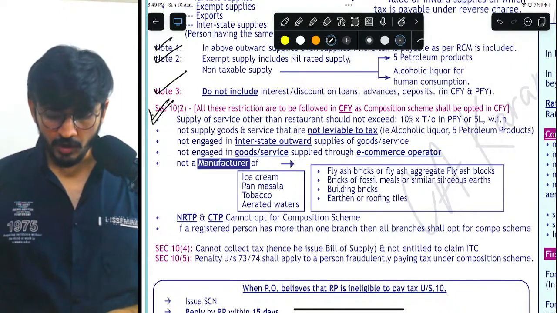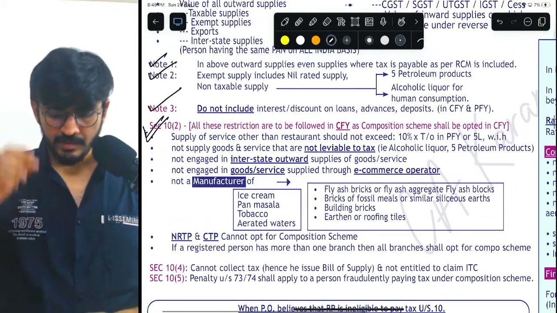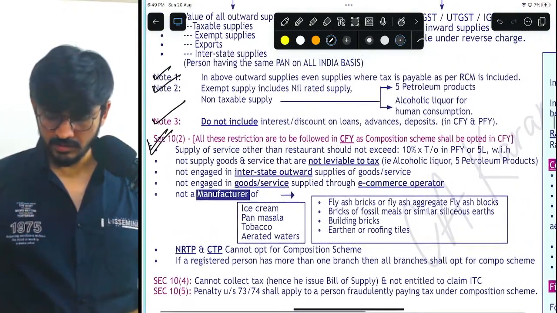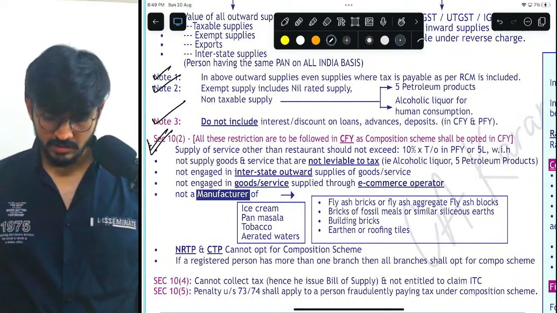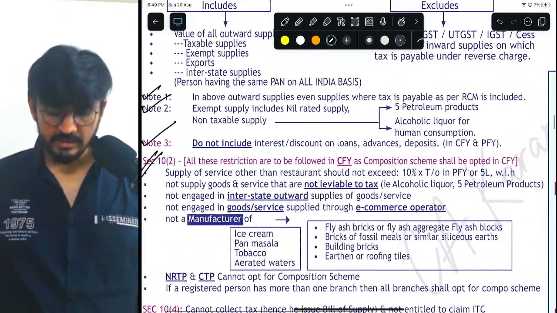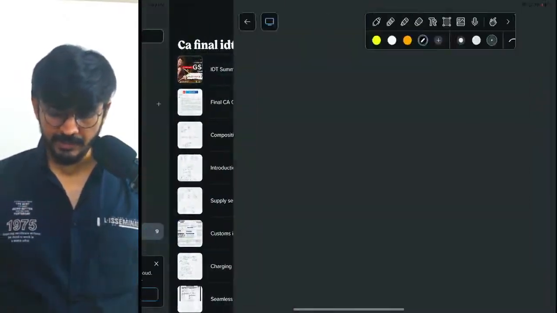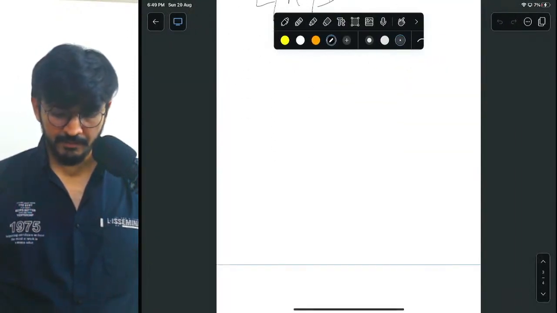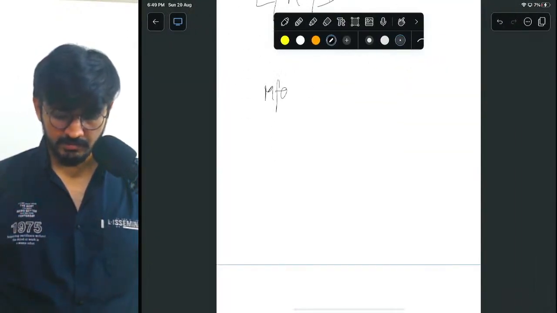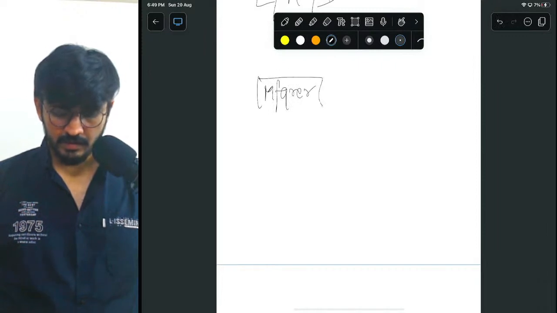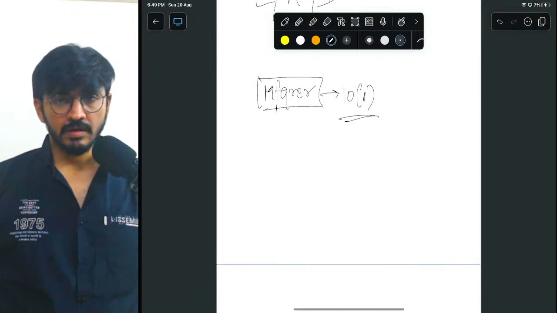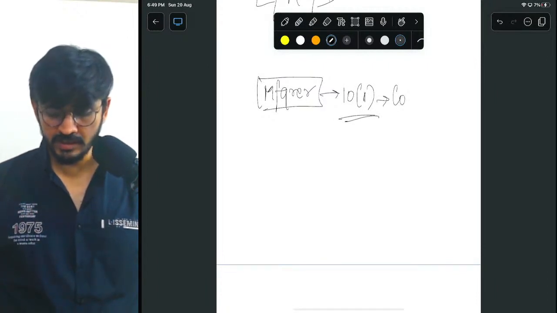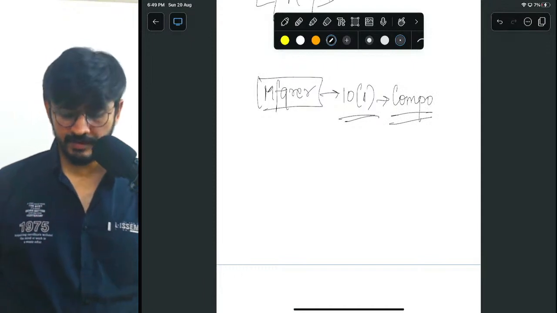Next is very simple. The first case: let's say I'm a manufacturer, and I have opted for the compo scheme under section 10.1. Correct?